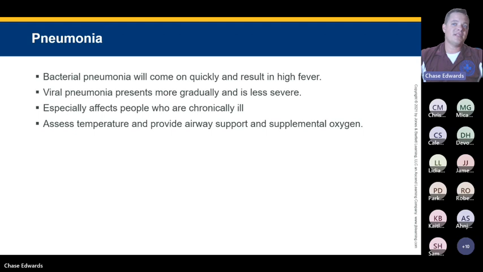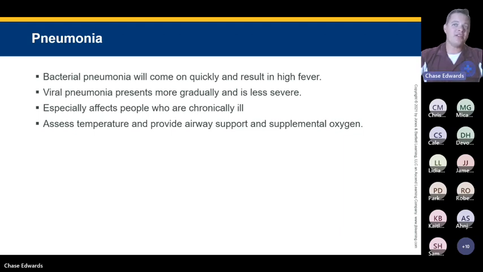It's often a secondary infection that begins after an upper airway respiratory tract infection. Bacterial pneumonia will come on quickly and it results in high fevers. Viral pneumonia presents more gradually and is less severe, usually no fever.